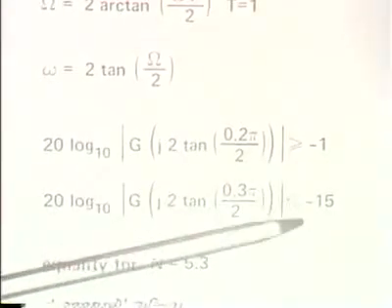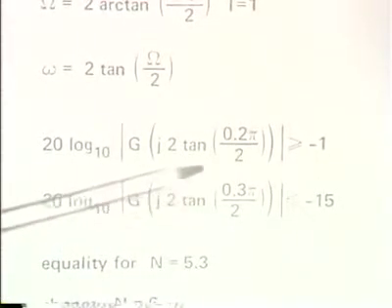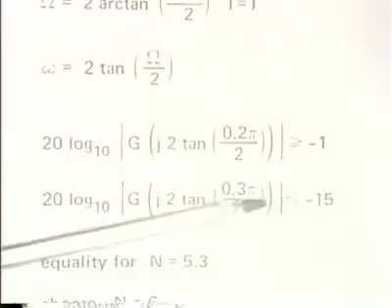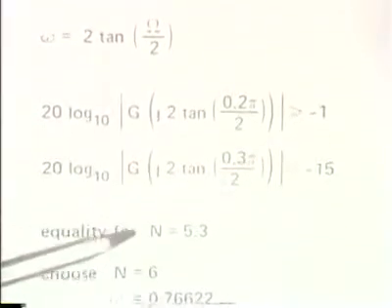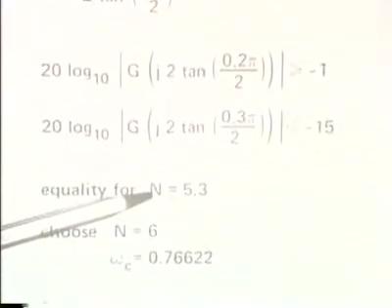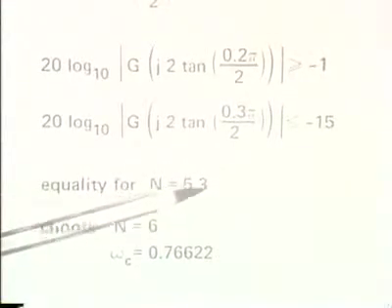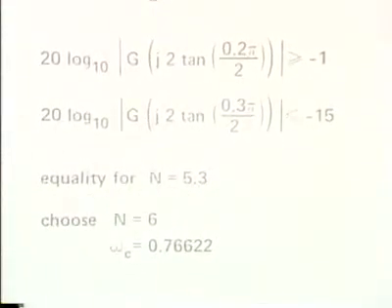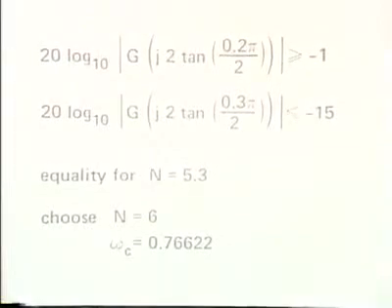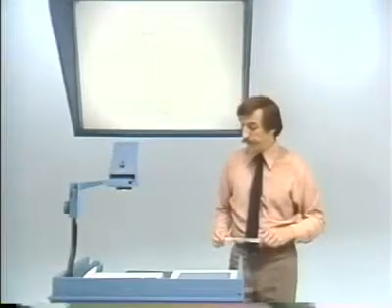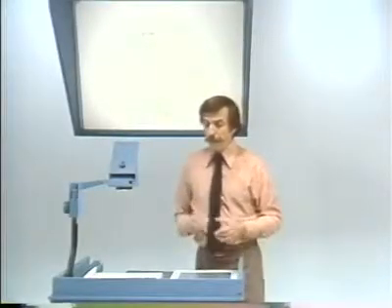Well, if you do that, what you'll find is that you get exact equality here if you pick capital N equal to 5.3. And again, we have the issue that if we want to meet or exceed the specifications, we can't make the filter order lower. We have to make it higher. And so instead of 5.3, we would make the filter order equal to 6. And now, again, we have several options and trade-offs.